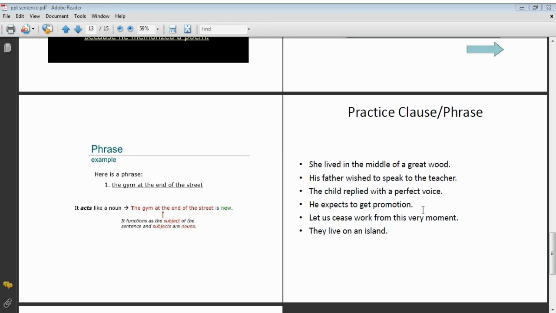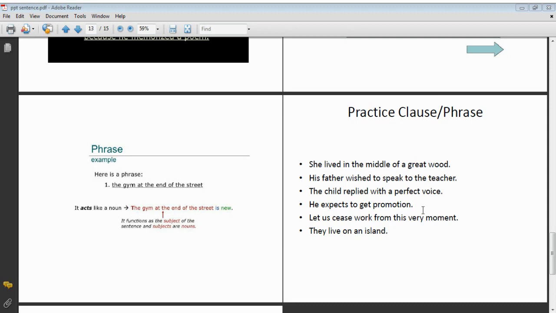To speak to the teacher is a phrase. The child replied is a clause, but with his perfect voice is a phrase. He expects is a clause, but to get promotion is a phrase. Let us cease work is a clause. From this very moment is a phrase. They live is a clause. On an island is a phrase.